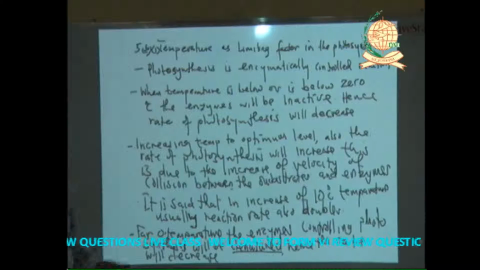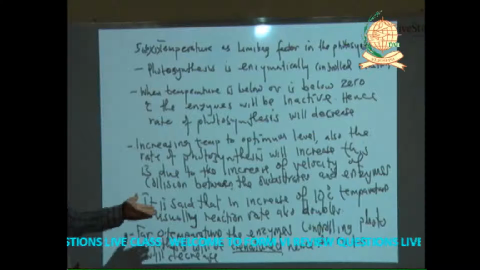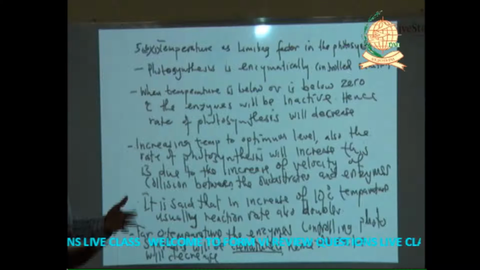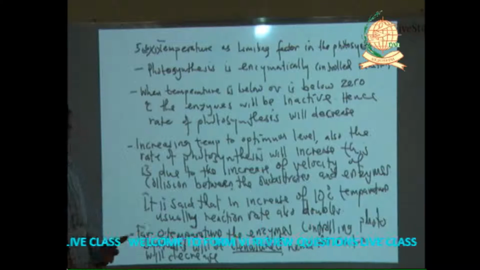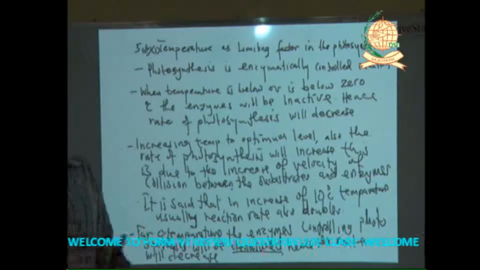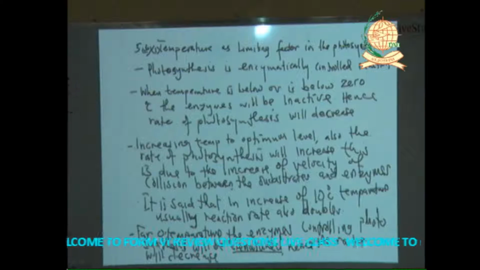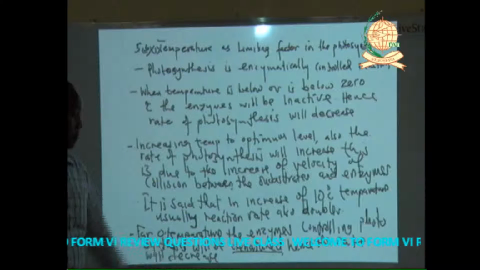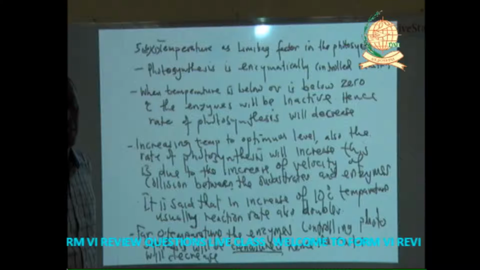As the temperature increases below the optimum, photosynthesis will increase, and with every 10 degrees Celsius increase, the reaction doubles. When the temperature is above the optimum, the enzymes will be denatured.